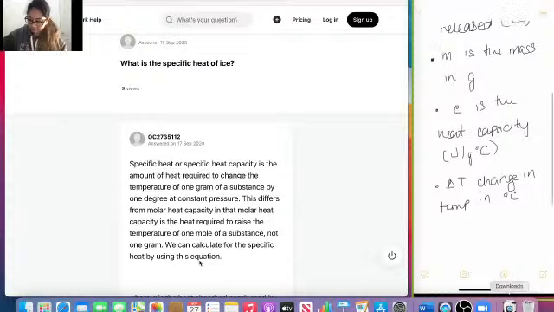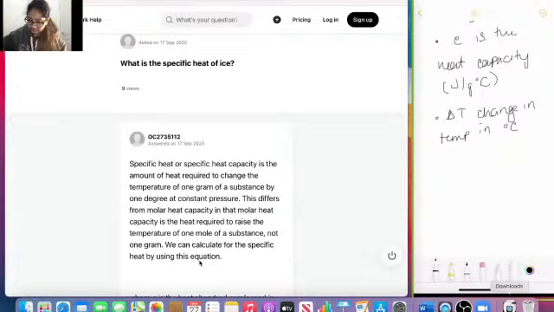Okay, and so if you want to find the specific heat, in this case C, you can rearrange the equation where Q is equal to mc delta T, right?